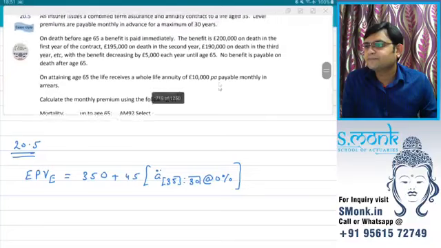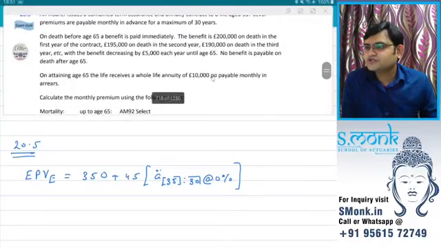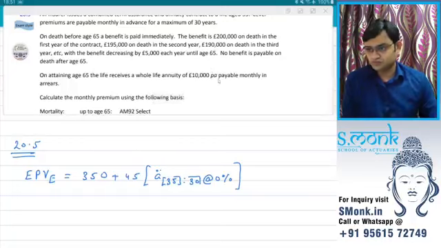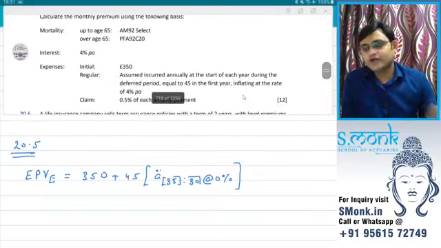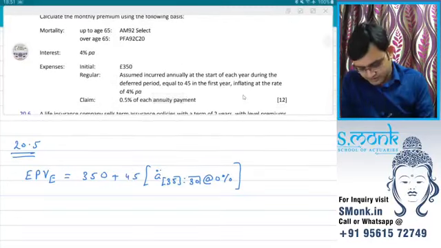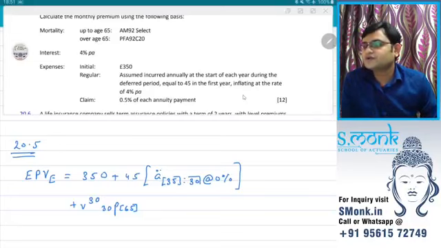The annuity is 10,000 per annum payable monthly in arrears. Only if the person survives for 65 years will this annuity start. So it's v raised to 30, 30p select 65. Only if the person survives for these many years does the annuity payment start.